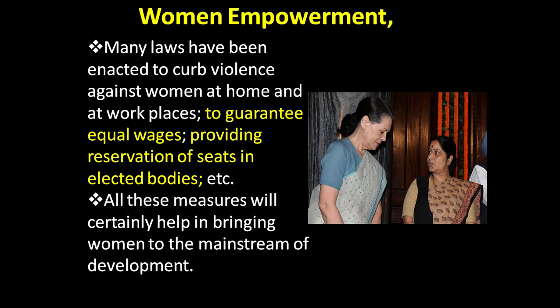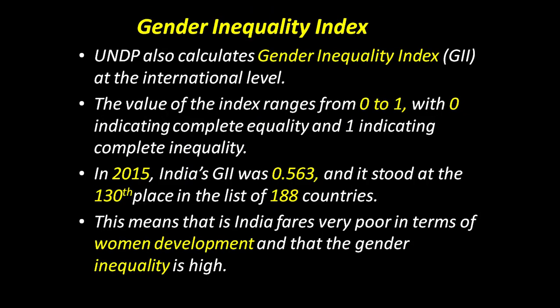And the concept of gender inequality index: according to the United Nations Development Program, the GII is calculated at the international level. According to this concept, the value of the index ranges from 0 to 1, with 0 indicating complete equality and 1 indicating complete inequality.